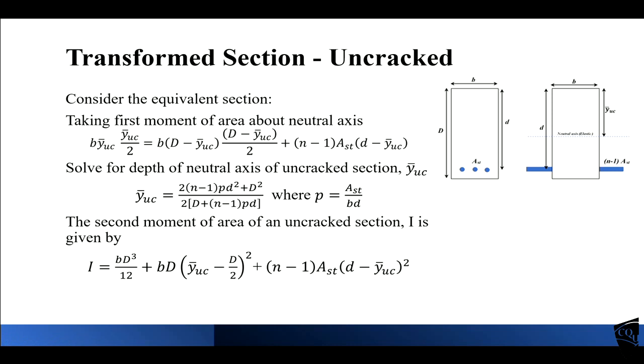Okay, and then if you use the second moment of area, you should be able to write the I value like this. I is the second moment of area for the equivalent section. So in tomorrow's tutorial class I will work out the transformed section, the uncracked section is like that.